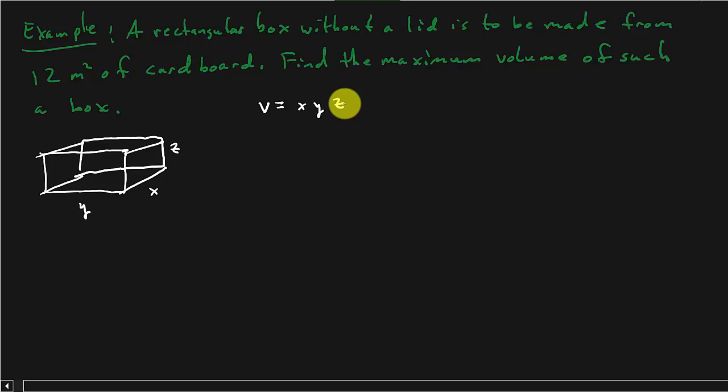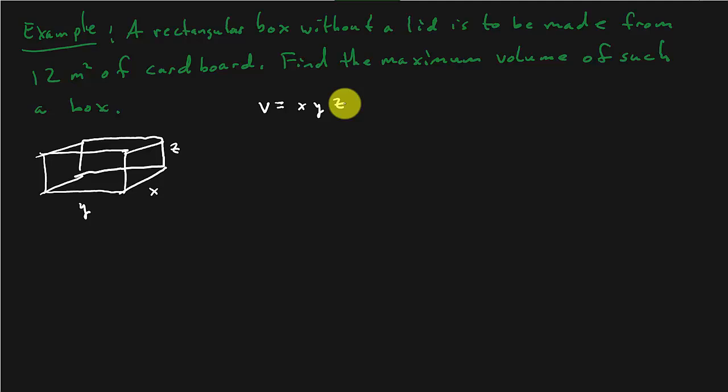Okay. And then just like in single variable, when you had an area or something like that, and the area of a rectangle was what? x times y. Well, what would you do? You would get it all in terms of x or all in terms of y.